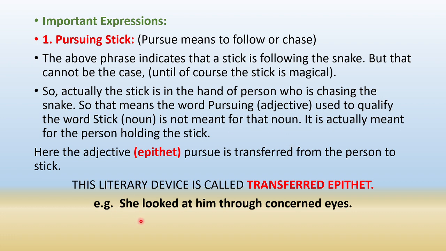So here is another example for you. She looked at him through concerned eyes. Obviously again, eyes cannot be concerned. It is the person, here in this case, she. So she is concerned. She looked at him through concerned eyes. So again, concerned eyes is a transferred epithet.